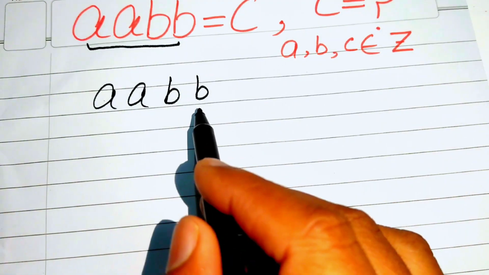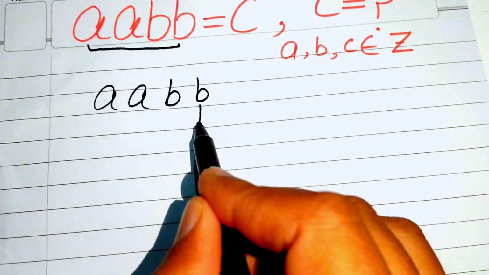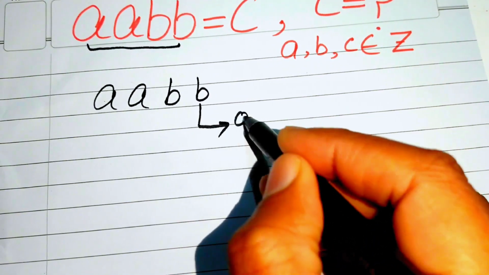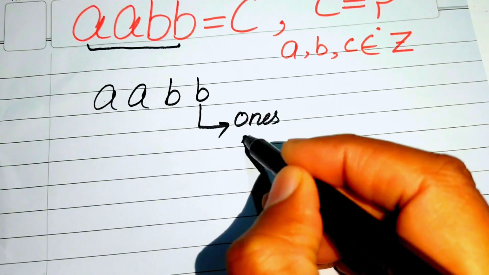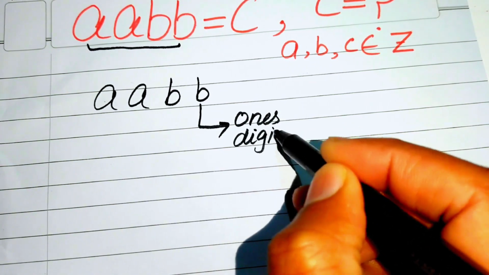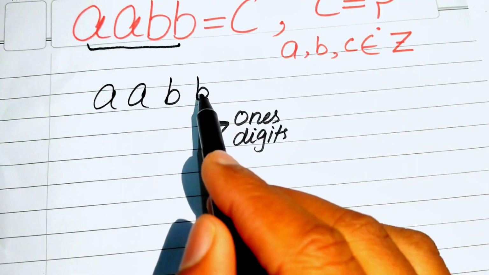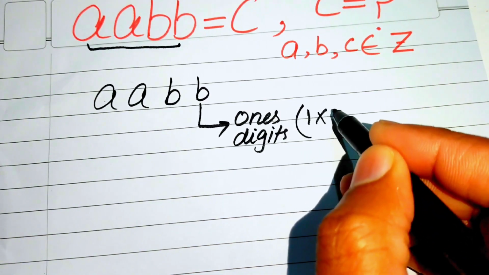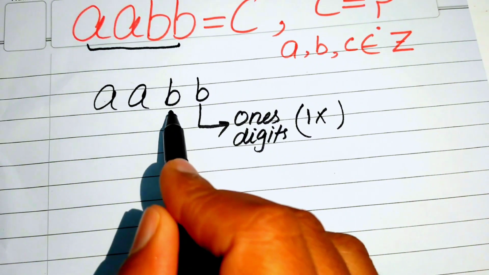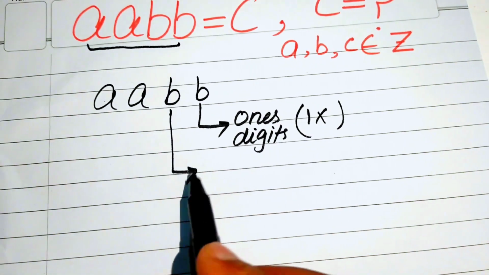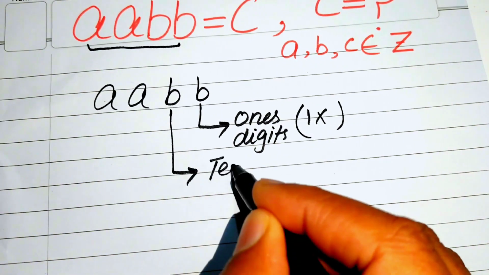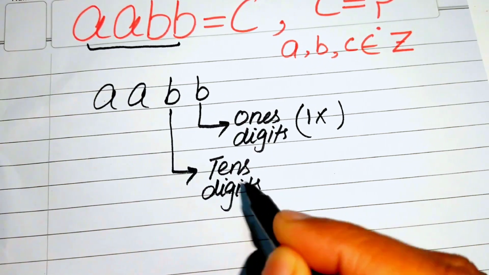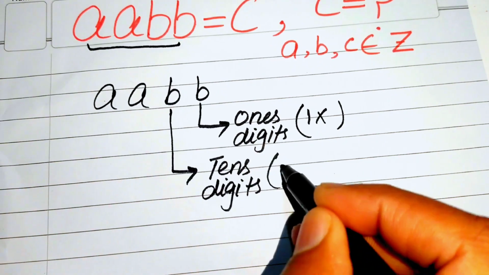Here this last B lies in the ones place, so we call this the ones digit. If it is the ones digit, we multiply B by 1, and similarly this B lies in the tens place, so we multiply it by 10.